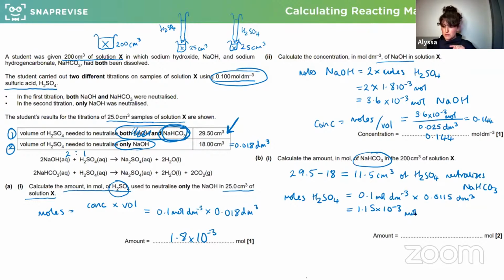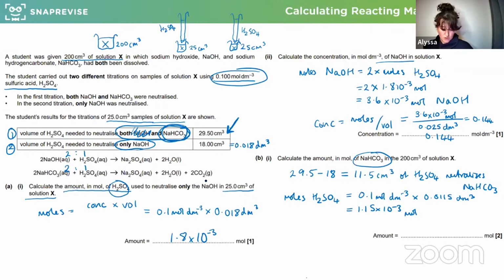How many moles does that mean we had? Again, thinking back to our ratios, how many moles would that mean have reacted with our sodium hydrogen carbonate? Well, again, it's a 2-to-1 ratio. We use our equation over on the left here. So we must have twice as many moles of sodium hydrogen carbonate as we do of H2SO4.